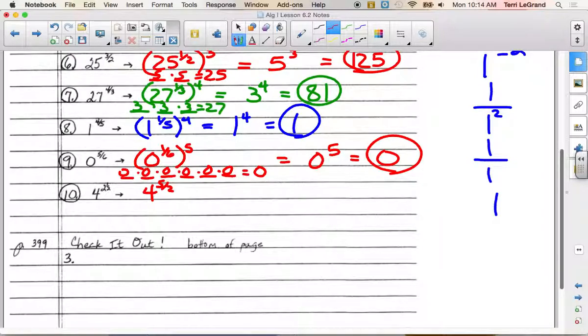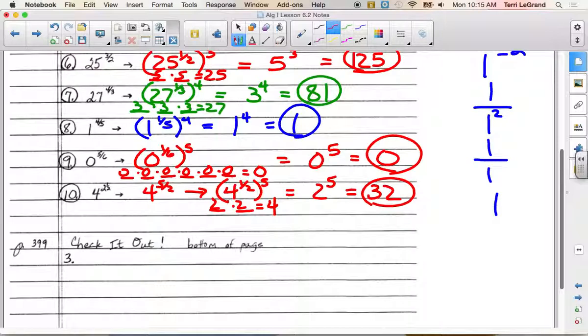And then we're going to say, okay, I know that that can be rewritten as 4 to the 1/2 power raised to the 5th power. So this is really asking us for the square root of 4, or what number times itself is 4? 2. So we get 2 to the 5th power, which is 32.